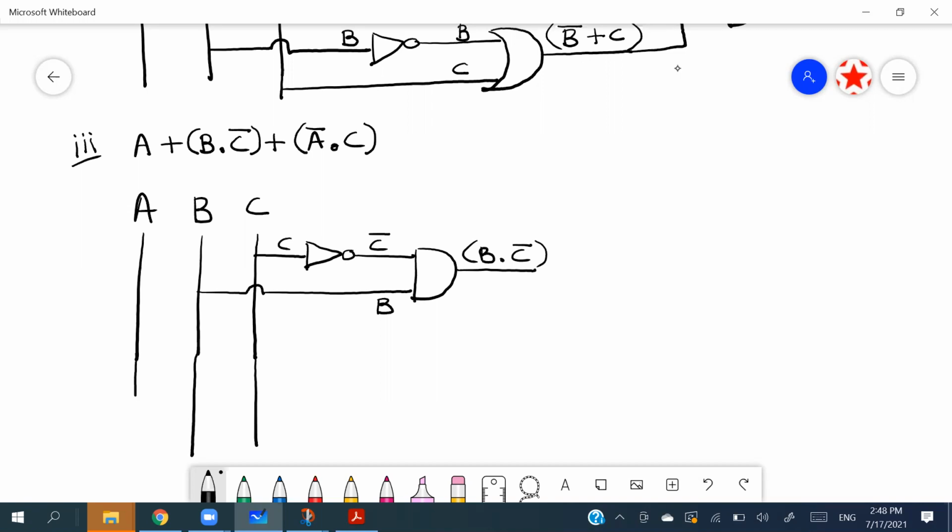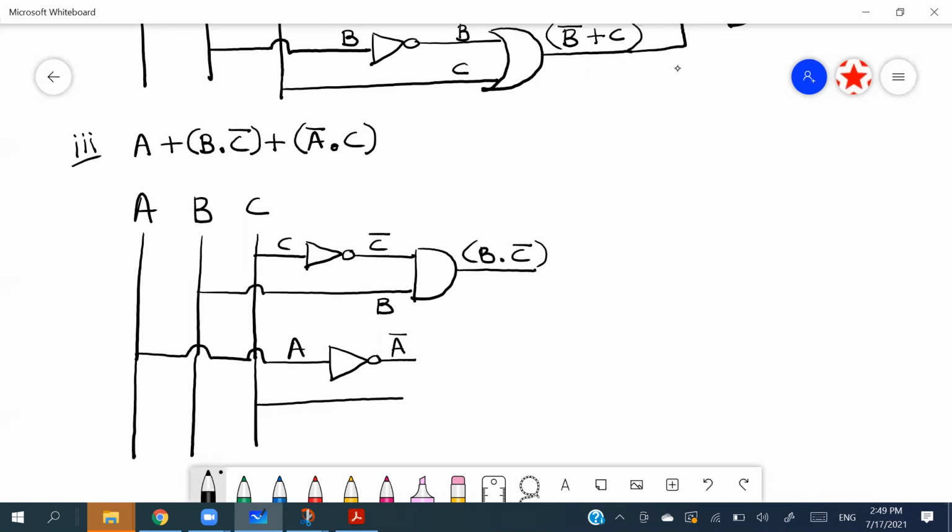And again, we are going to deal with A bar dot C. First we have to create A bar. Here comes A, this is A bar.